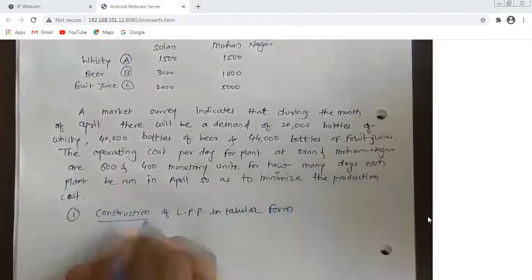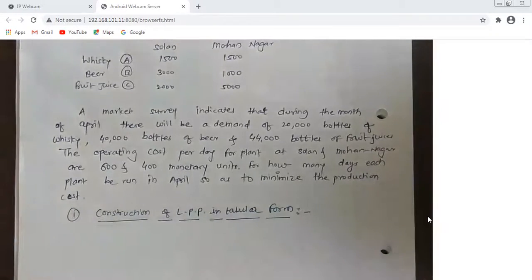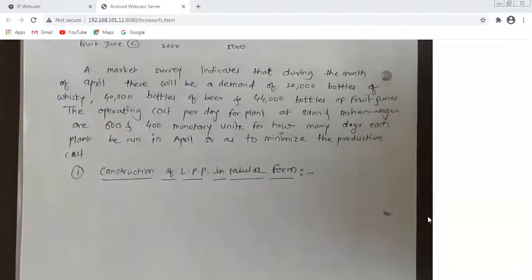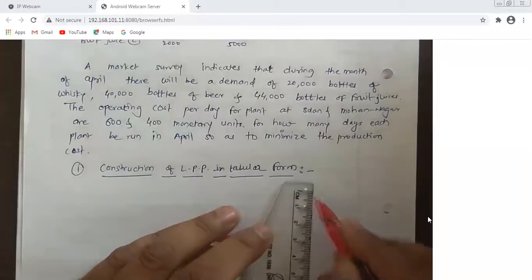Those who have attended the last lectures can easily understand this numerical. First of all, we have to convert this question in the form of a table. For that purpose, I will draw one table.